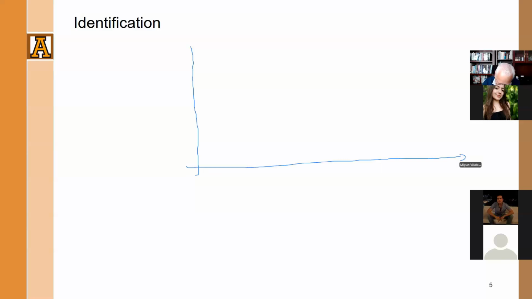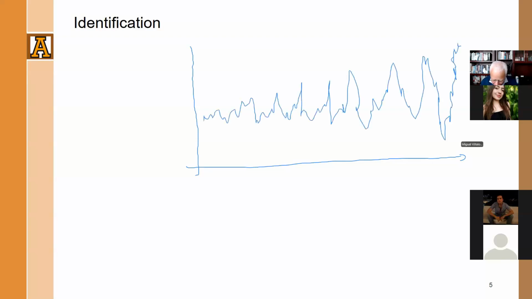And I look at the graph. So here's a case where I do not have constant variance, right? My variance appears to be increasing.